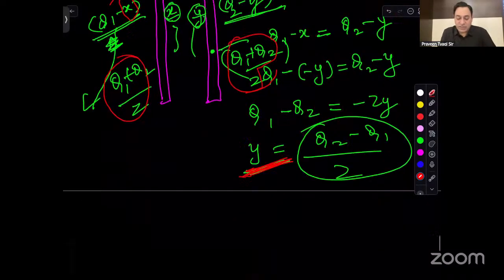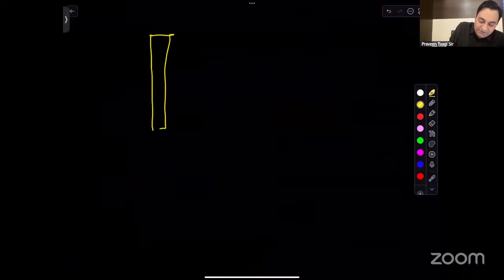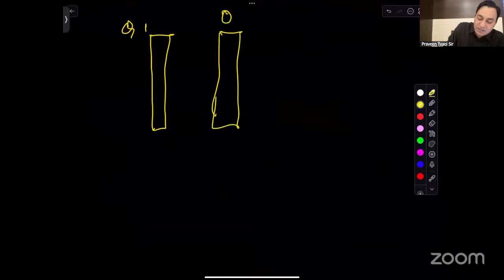Now, just summarizing this result quickly: if I give Q1 charge to this plate and Q2 charge to that plate, now this is for a capacitor that you need to understand.